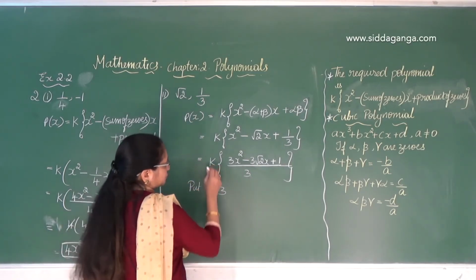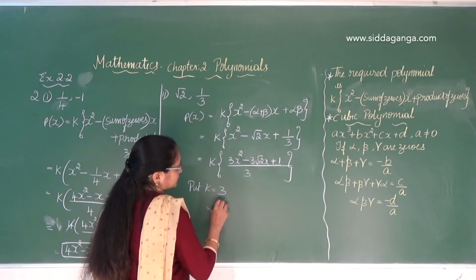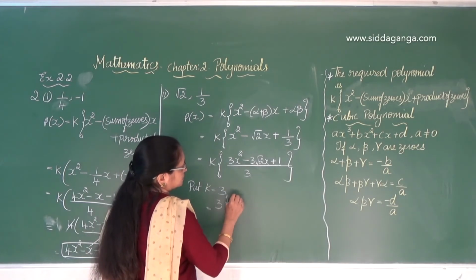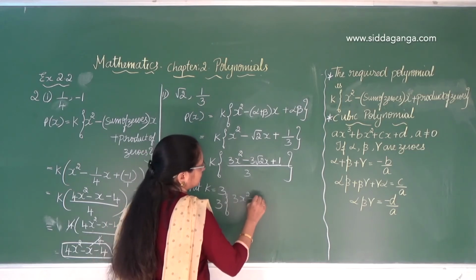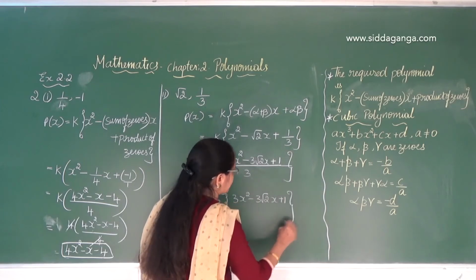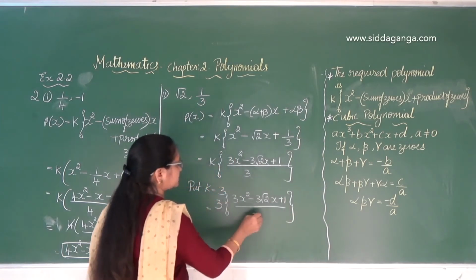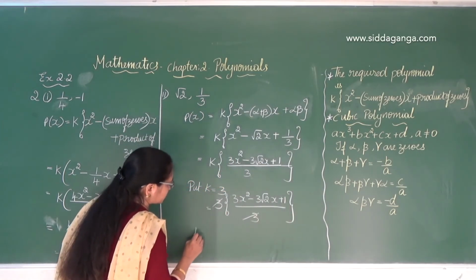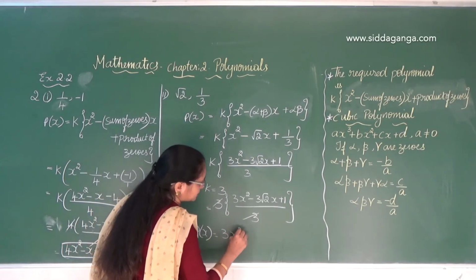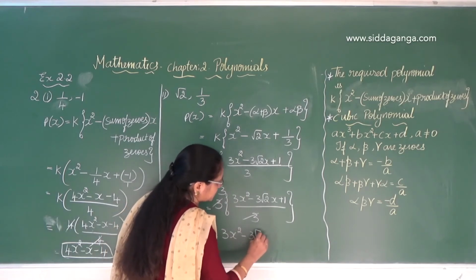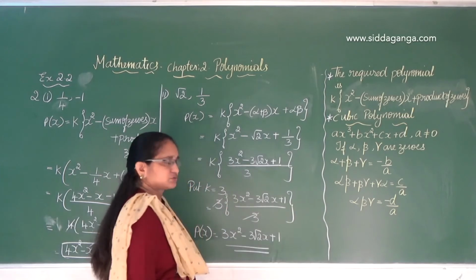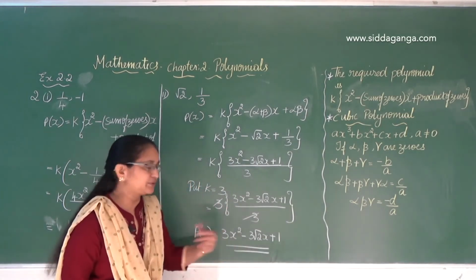So k is equal to 3 if you put, this 3 gets cancelled. So 3 into 3x square minus 3 root 2 x plus 1 divided by 3 gets cancelled. Therefore, required polynomial is 3x square minus 3 root 2 x plus 1. So this is the required polynomial.